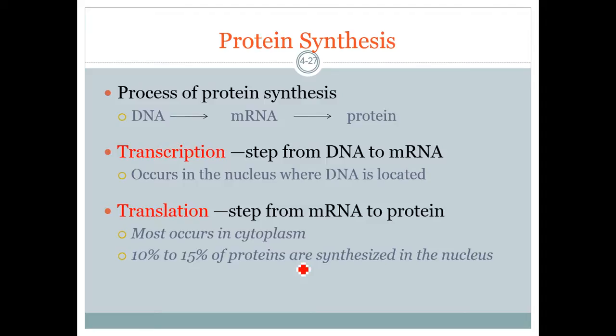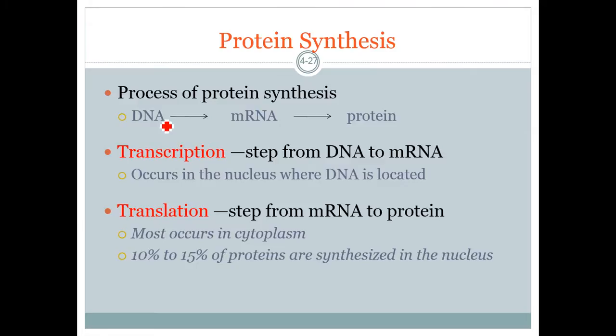So when we look at the process of protein synthesis, you have your DNA. It is coded, mirrors itself to mRNA, and the mRNA helps with producing the proteins needed. Now, it goes through various steps. We have our transcription and our translation.